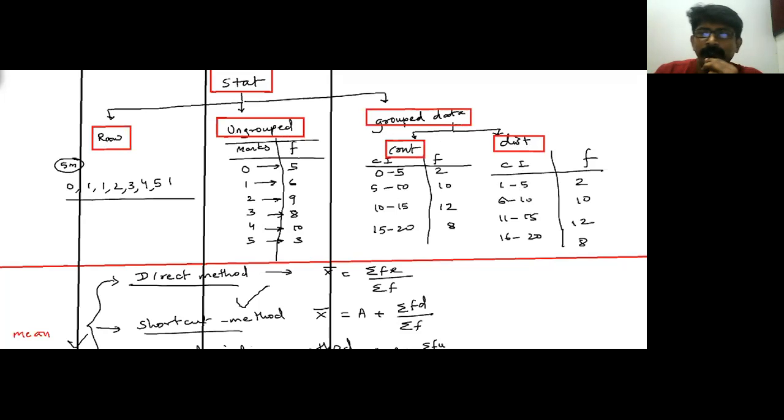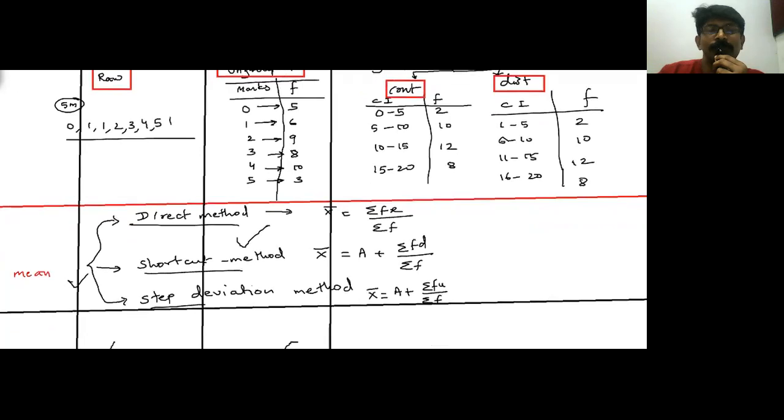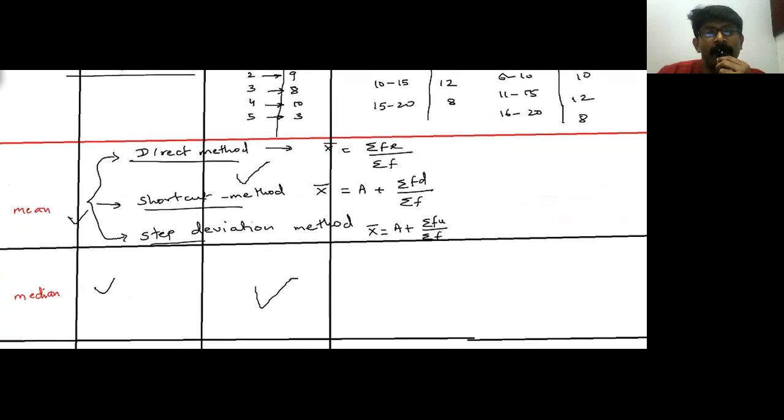Okay. Now, in this particular topic, what all things are we going to learn about these three types of data? First of all, we're going to learn how to calculate the mean of raw data, ungrouped data, and group data. Then we're going to learn how to calculate the median of all these three.